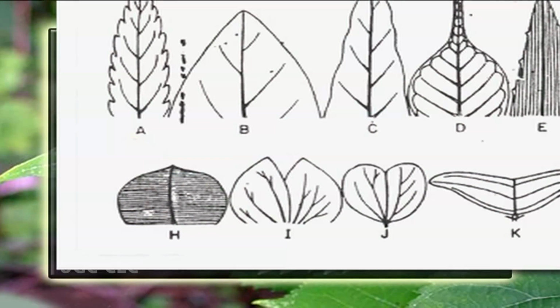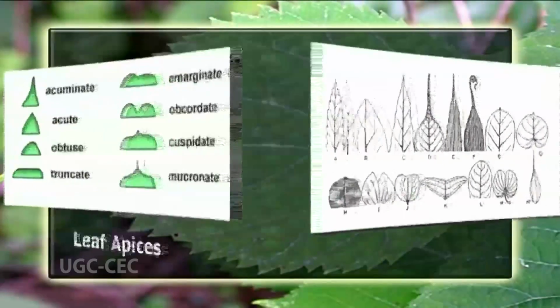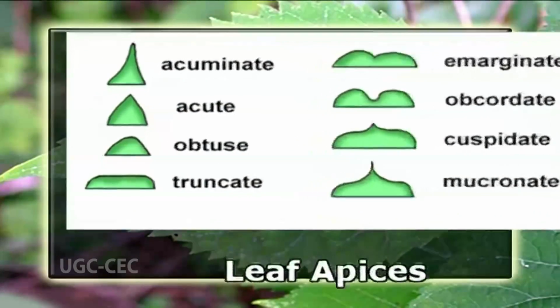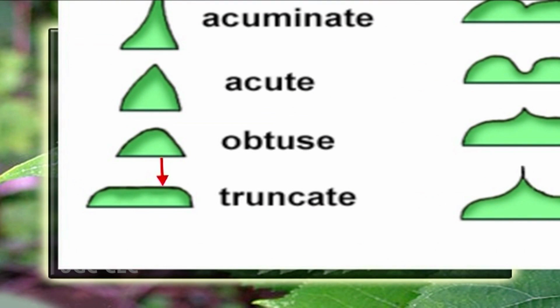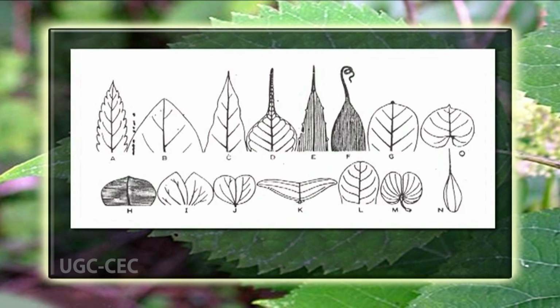For example, common smoke tree, Cotinus coggygria. Truncate, leaf base or apex is perpendicular to leaf petiole and relatively straight across, ending abruptly with a flat end that looks cut off as in leaves of Begonia angularis or Caryota urens.